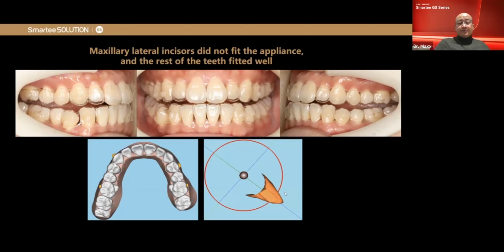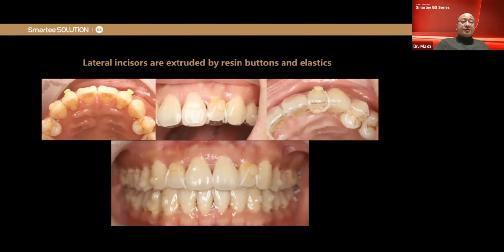So that's the reason. And this case is quite simple. We can solve it with buttons and elastics. It's quite easy to solve these problems in this case.